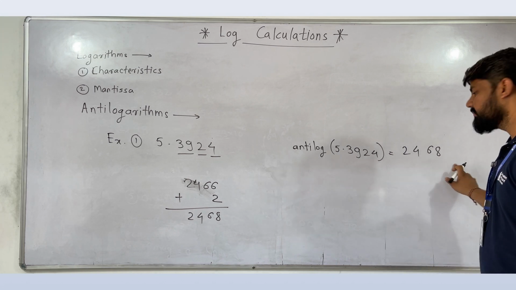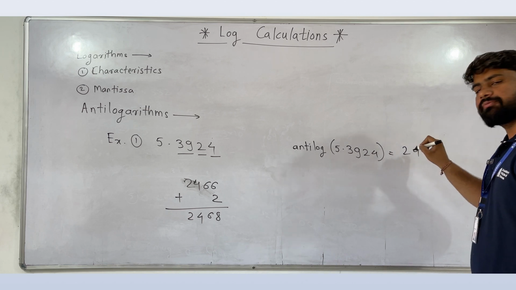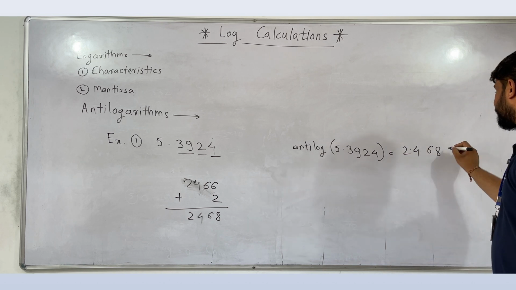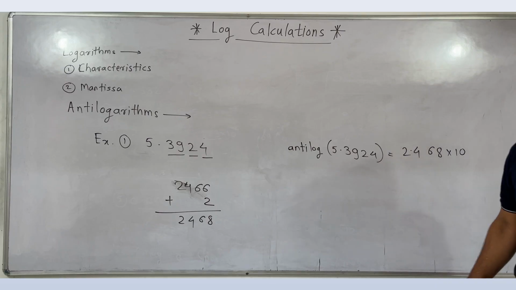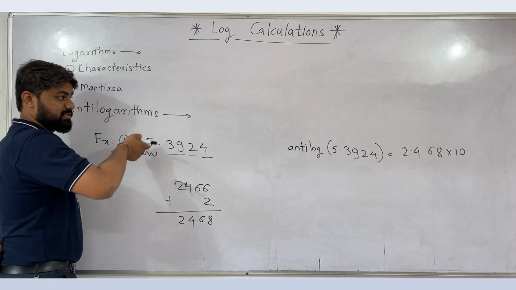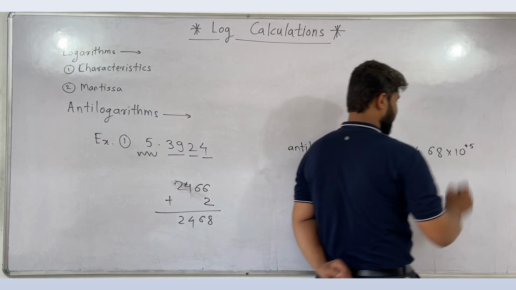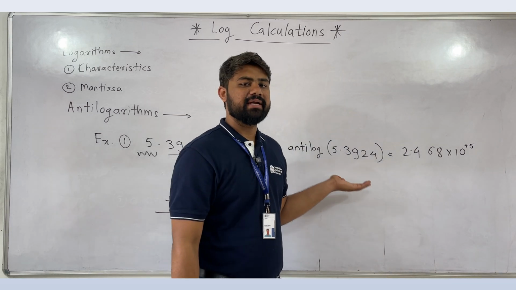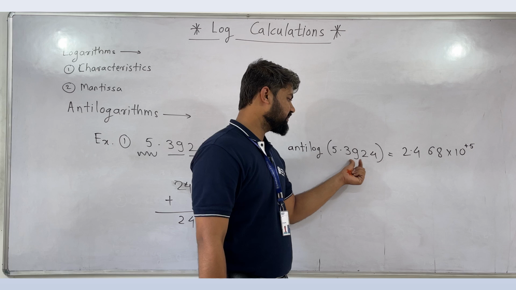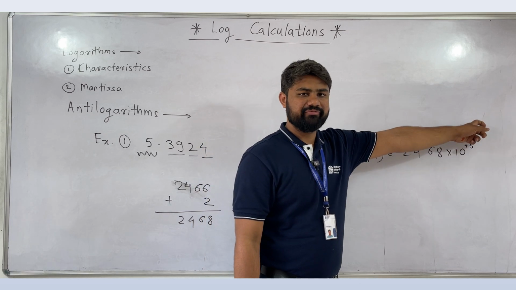We have to write this number in the range of 1 to 10. So we have to put the decimal point after 2. And what about the power of 10? The power of 10 is given by this number, which is plus 5. So the power will be plus 5. And that's how we get the anti-log of this log. The anti-log of 5.3924 is 2.468 into 10 raised to 5.